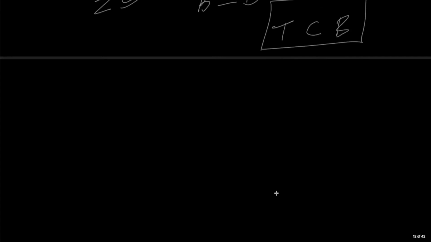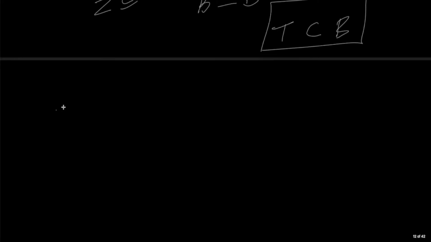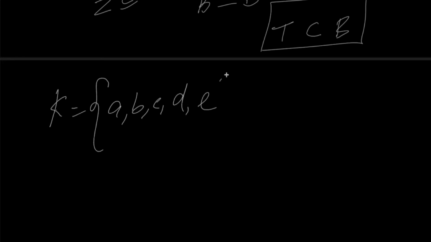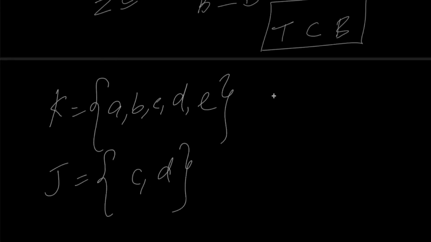Okay, good. Sometimes, if I say, for instance, K is equal to {A, B, C, D, E}, and J is equal to {C, D}, you agree with me that J is a proper subset of K. Proper. No issue. If you want to write it the other way around, remember these two sides must face K now.